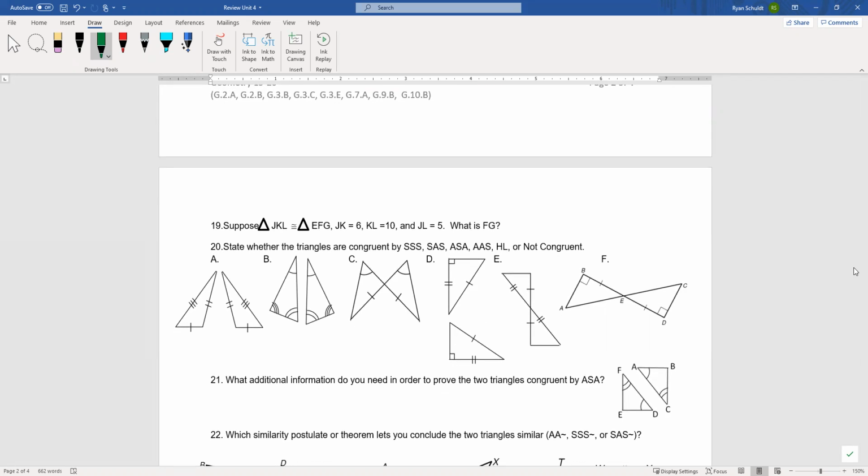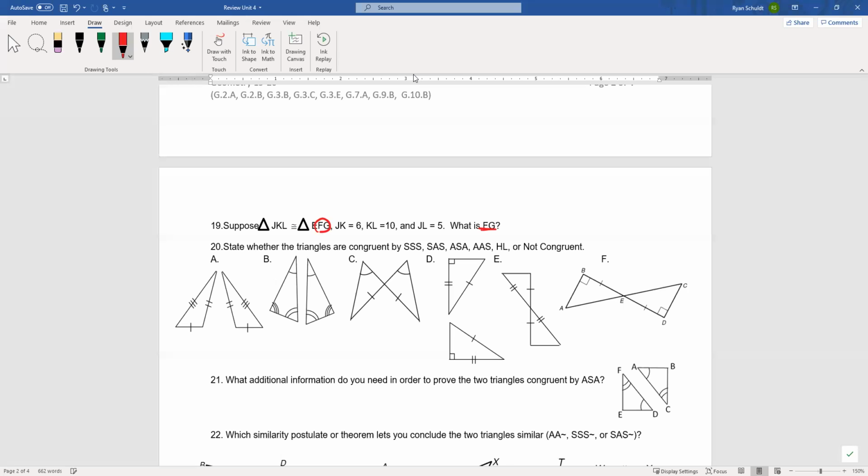And number 19. We have to find something, it looks like. So they say JKL is congruent to EFG. JK is 6, KL is 10, JL is 5. What is FG? Well, let's see here. FG is right here.